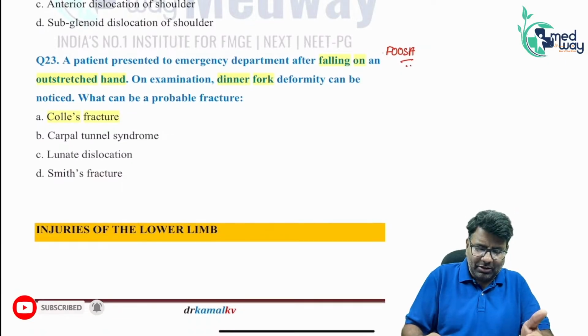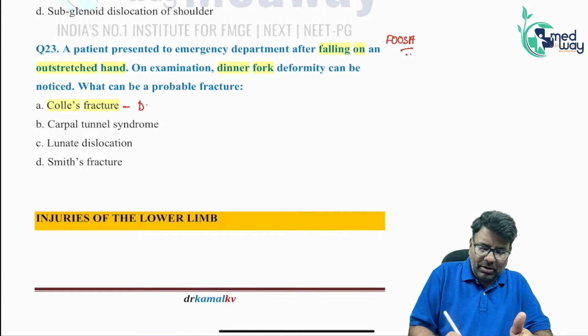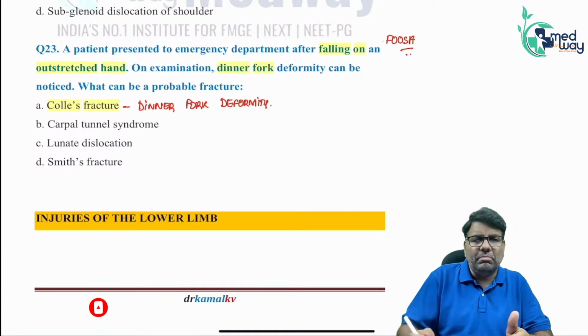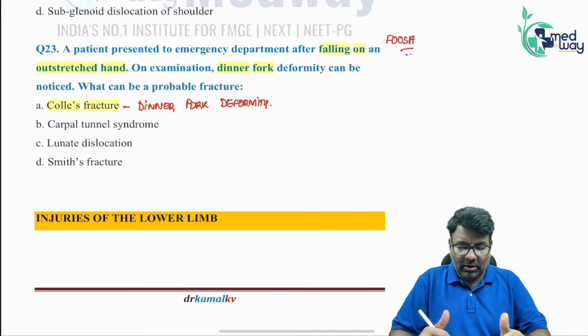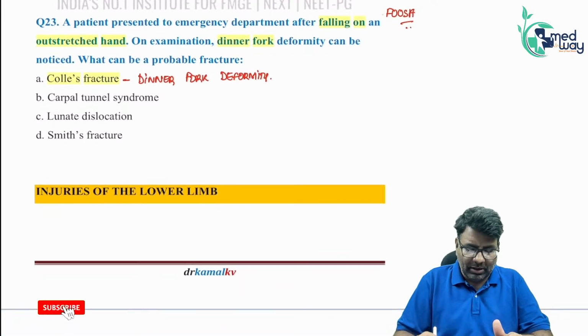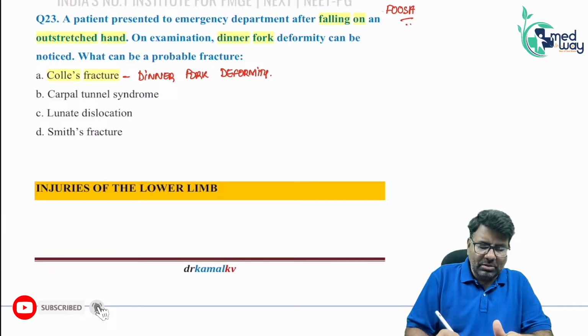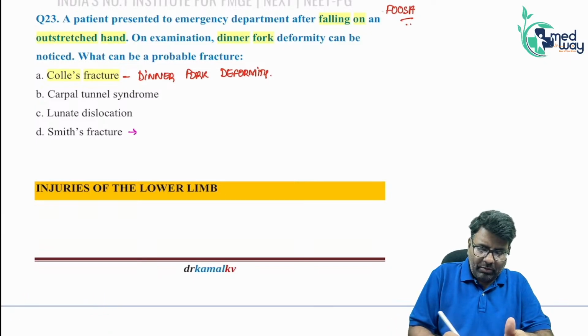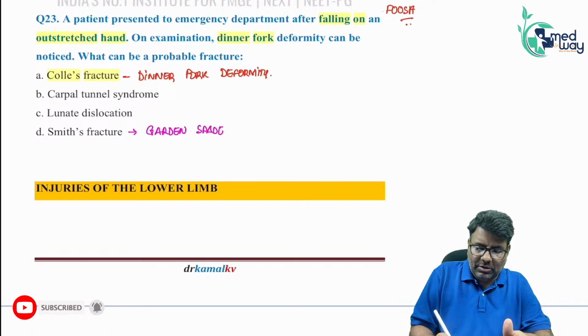A Colles fracture gives rise to a dinner fork deformity, and here the distal fragment actually migrates dorsally, therefore giving rise to this. And there is another fracture known as reverse Colles fracture, that is the Smith's fracture. It gives rise to garden spade deformity.